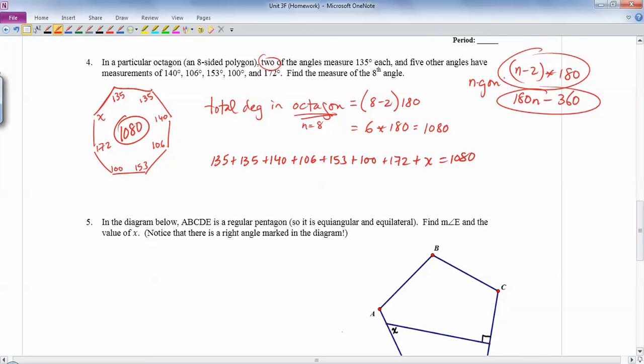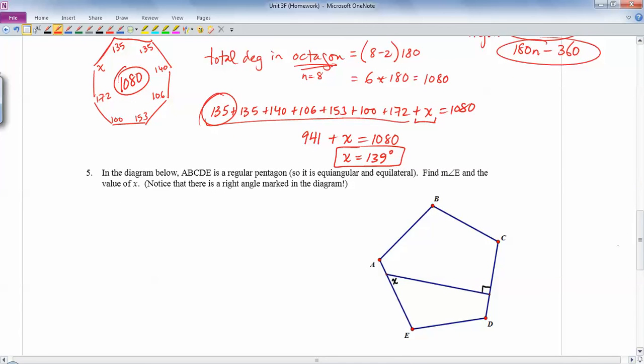So if we added all those together, I'll just tell you now, all these angles put together is 941 plus x, that's this part, equals 1080. By the way, the most common mistake people make is they forget the extra 135. Either that or they just leave out one random angle there. And so if you solve for x, you end up with 139 degrees. Okay, so that's the one remaining angle.